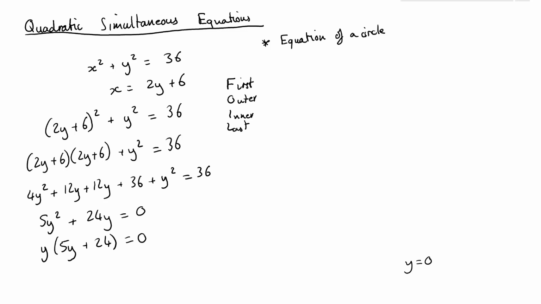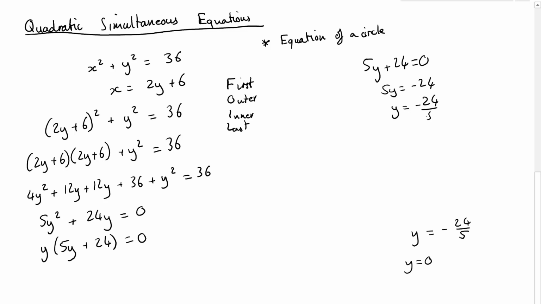And so either y is 0 or 5y plus 24 is 0, in which case y should be equal to minus 24 over 5 from rearranging this. So I'll do this explicitly up here. So 5y plus 24 is equal to 0. So minus the 24, 5y is equal to minus 24, and y is equal to minus 24 over 5.